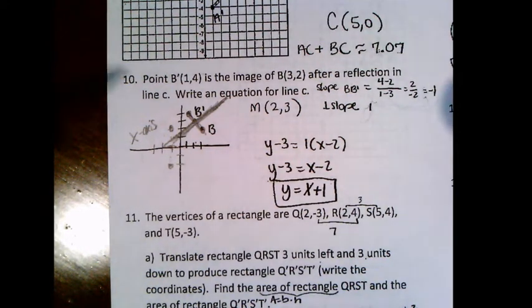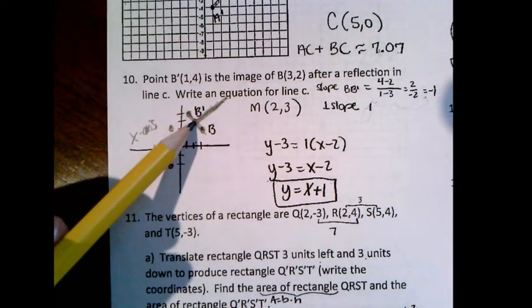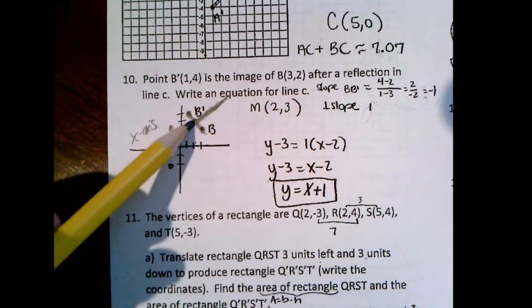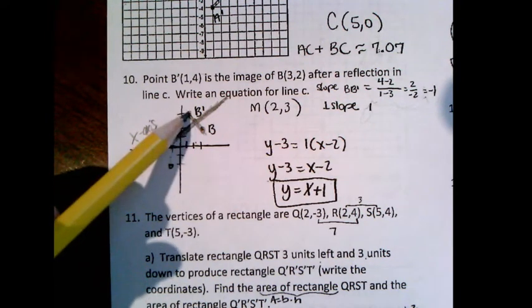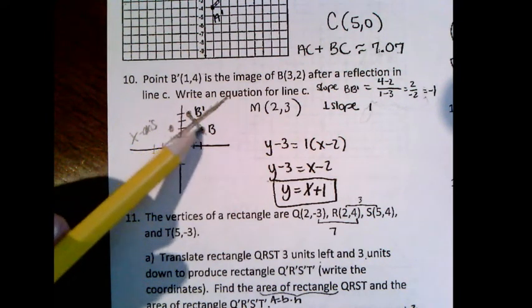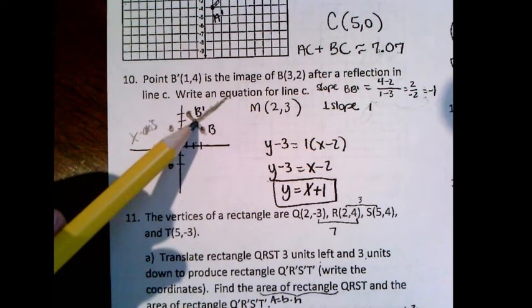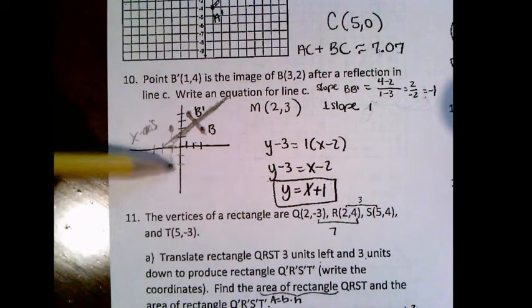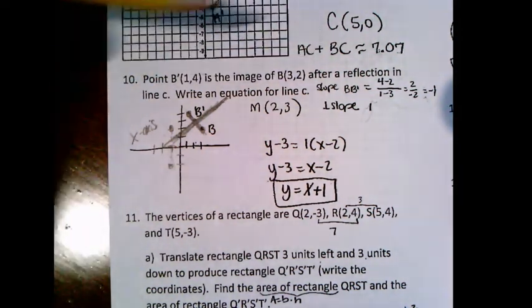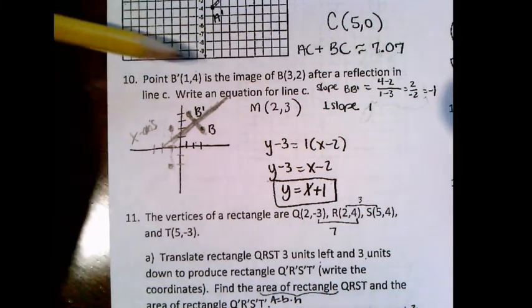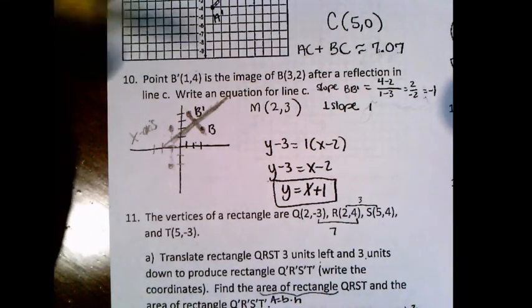And then I need the midpoint of this line, because then let's say this is 1.5 away, then this has to be 1.5 away. The midpoint would make this equidistant, just like this was equidistant here. These are equidistant. So then you have to plug these in and do the midpoint formula.